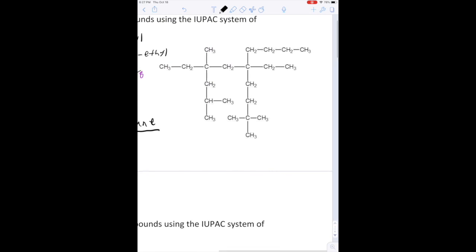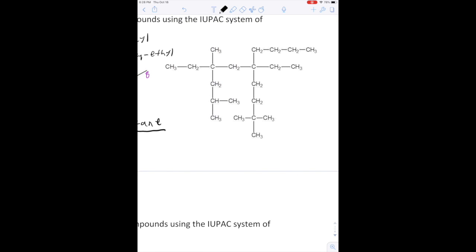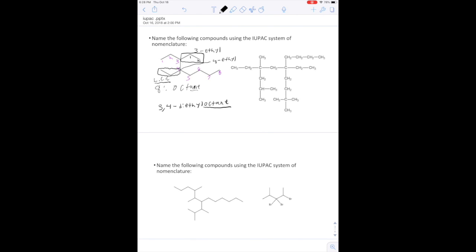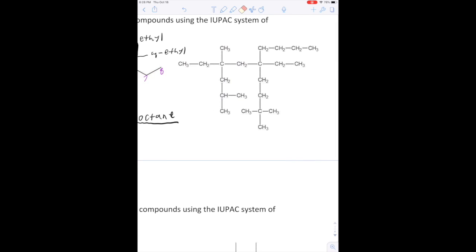I want you guys to try this problem on your own. It looks like a beast, but trust me, it will test your knowledge on these three rules that I presented earlier. Let me just clear the board. Okay. Hopefully you guys pause the video and try to do it yourself. Automatically, I can start numbering this right here, right here, right here, right here.